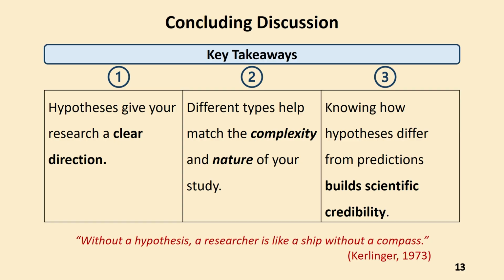Third, knowing how hypotheses differ from predictions builds scientific credibility. This is important, because how you form your hypothesis not only helps you do your research, but at the same time helps you build your scientific credibility.